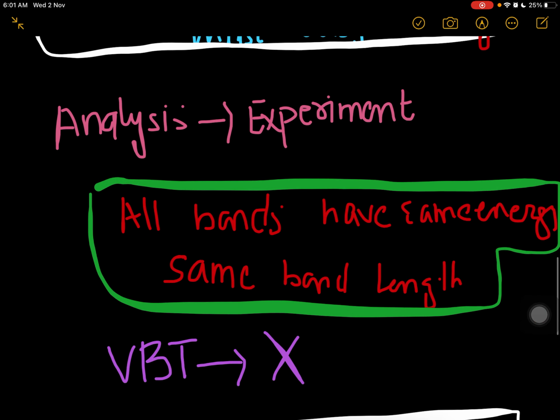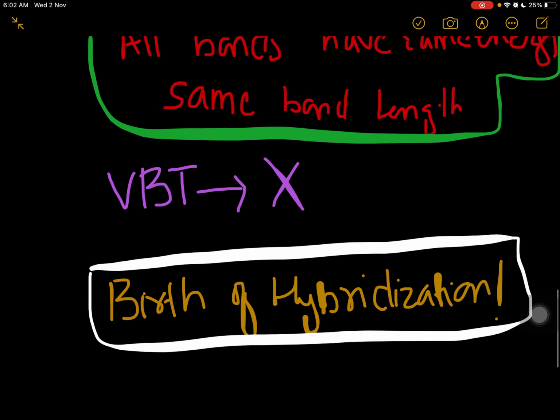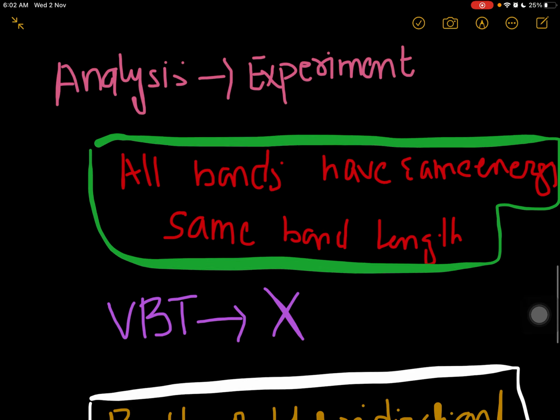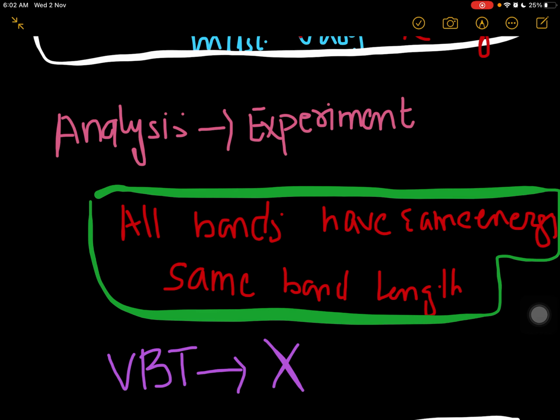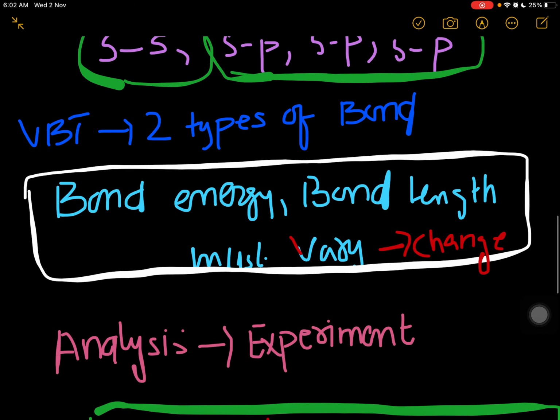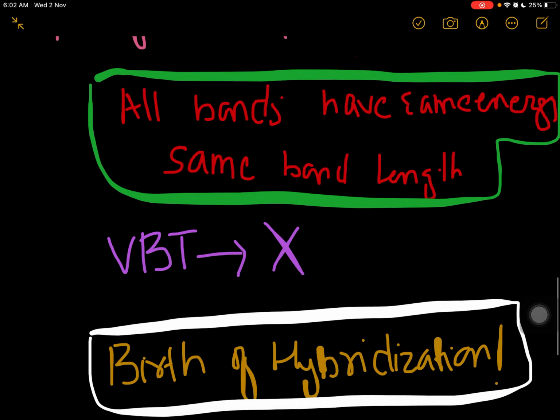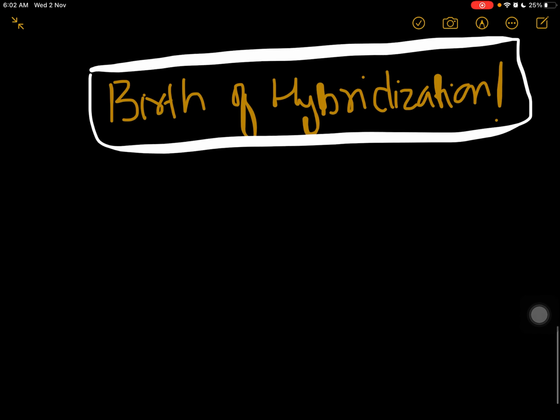So I hope the birth of hybridization is clear to you, like why hybridization was introduced. VBT was rejected because experiments showed that all bonds have the same energy and the same bond length, but according to VBT they have different bond energy and bond length. So in my next video I'll be discussing hybridization, right?